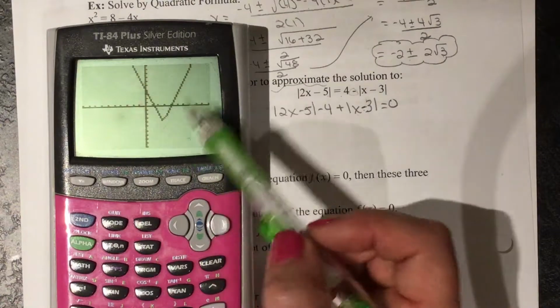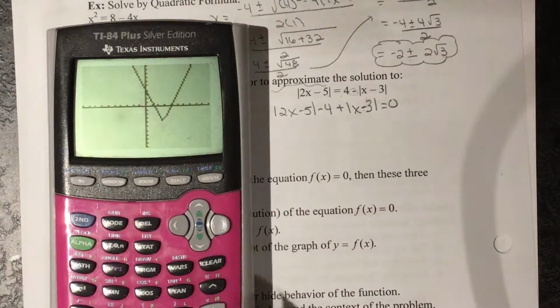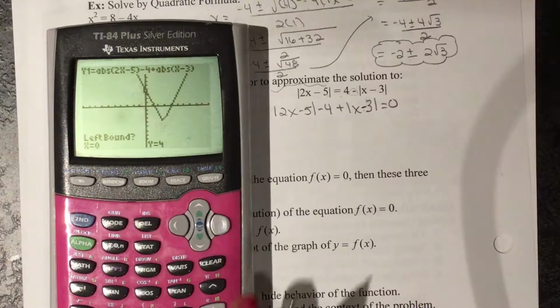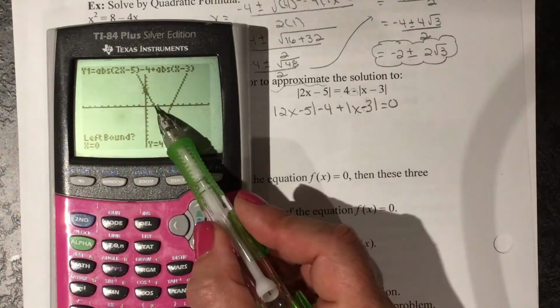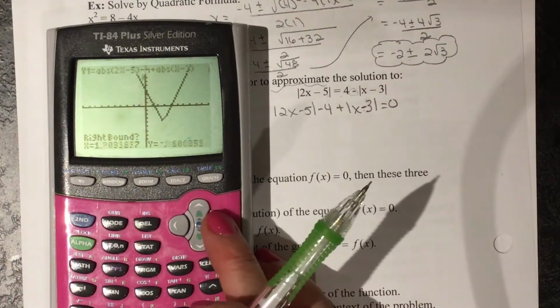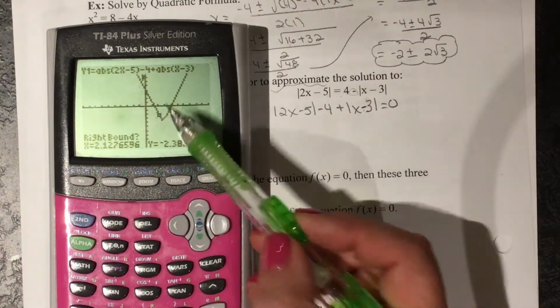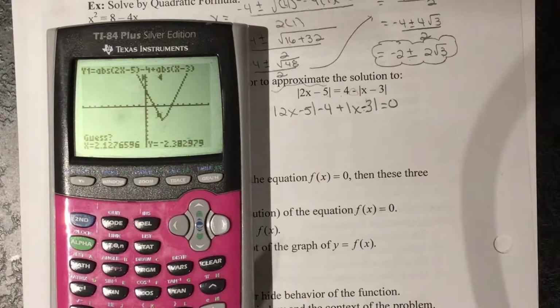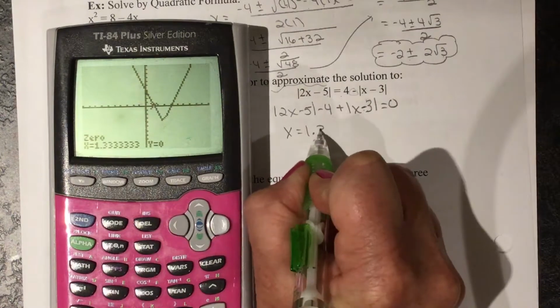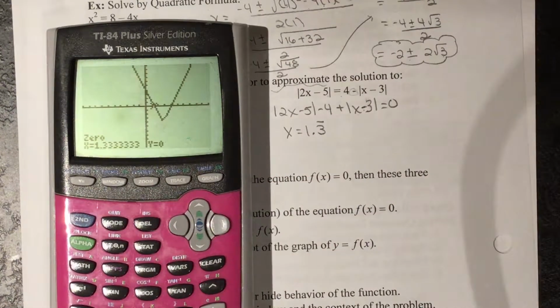Knowing that an absolute value makes a nice V, I'm going to second calculate, go to 0, left bound, and I'm going to be targeting this 0 here first, hit enter, right, I'm going to go below, but I'm not going to go to the second graph yet, or second line, and then I know that I have a 0 at x equals 1.3 repeating, or 1 1/3.